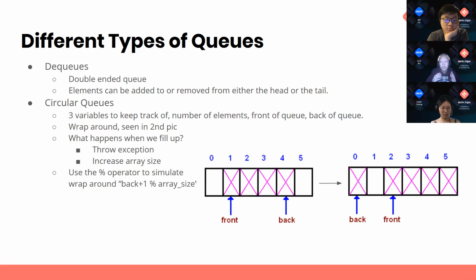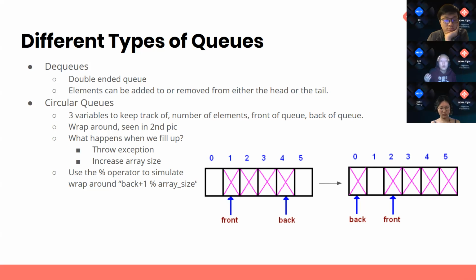In a circular queue, in this case an array-based implementation, you would be able to utilize the maximum size that you actually allocated. In our diagram on the bottom right, you can see that if we add someone to the back of the queue and back increments from 4 to 5, and we want to queue another person, then we would technically say we don't have any more space because it's going out of bounds.